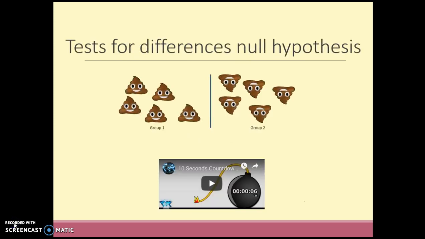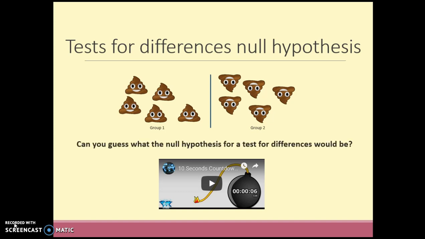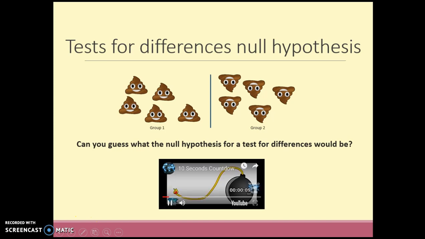In a similar fashion then, a test for differences of two groups will also have a null hypothesis. Can you make an educated guess as to what this might be? I'm going to give you 10 seconds to try and think about this.